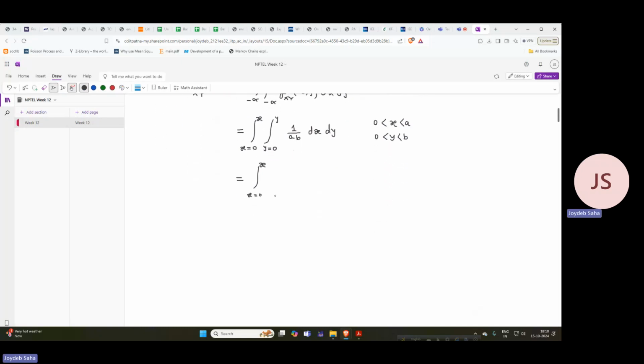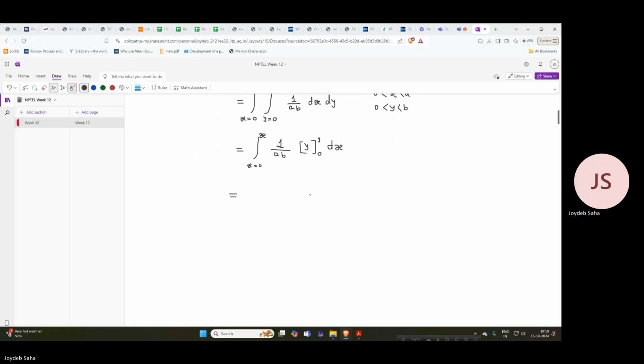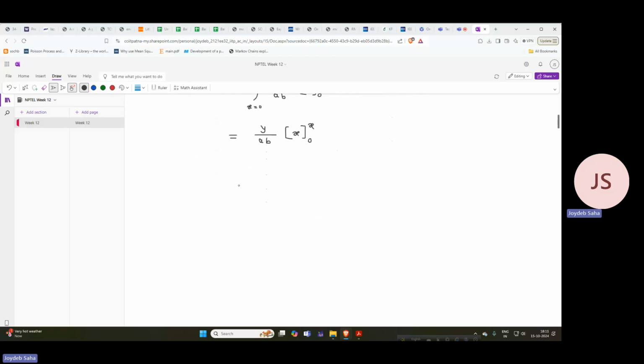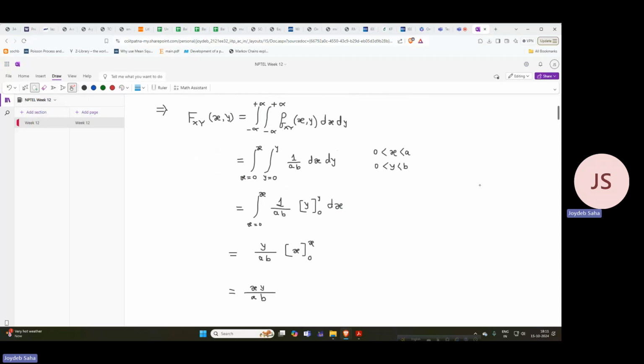So it will be 1 upon ab, y from 0 to y dx, which gives y upon ab times x from 0 to x. So it is nothing but xy upon a, for this condition.